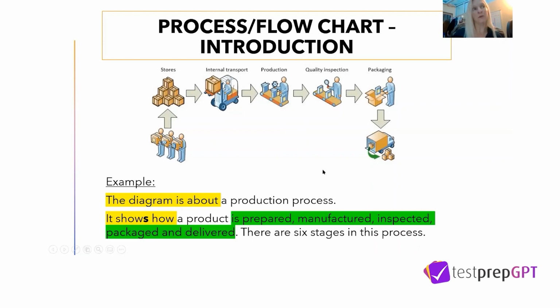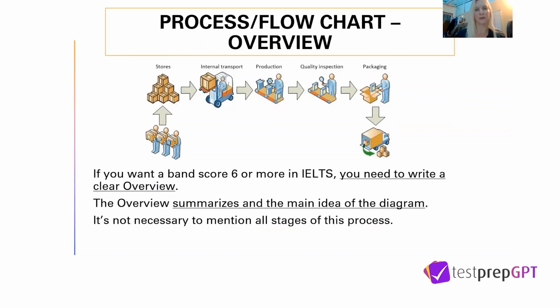So I've used some of the words from the pictures in my intro. And I've put those in the passive form because, of course, we don't really know who exactly did this. So I've used the passive, and passive is often the main form that we use in this type of text.